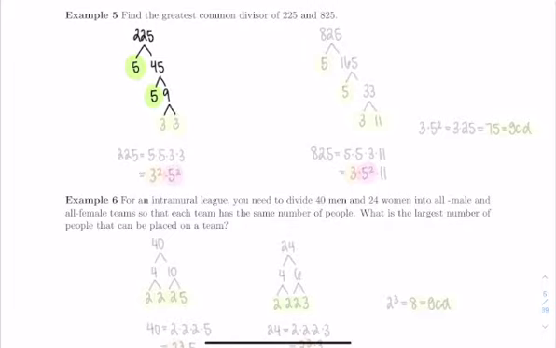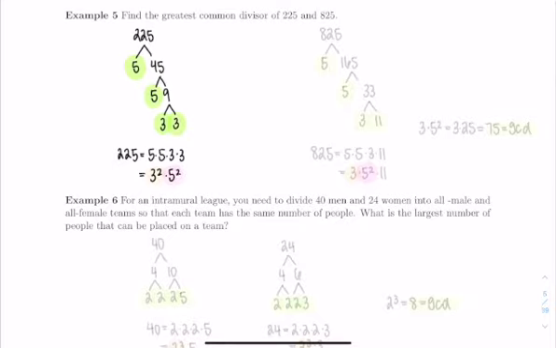And 9 can be broken down as 3 and 3. And so 225 is 5 times 5 times 3 times 3, or we have 3 squared times 5 squared.